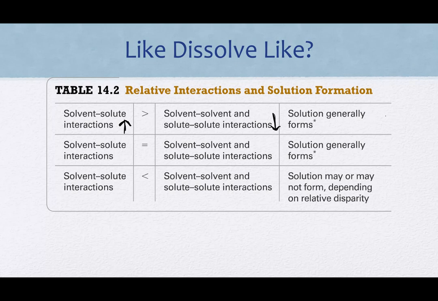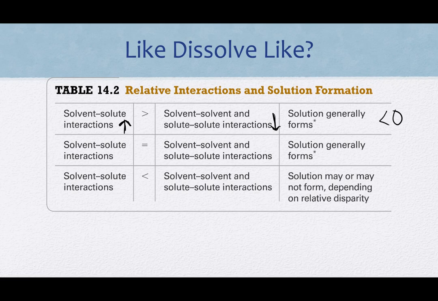Okay? So this is actually going to be a number that's less than 0. Okay? So this would be a number that would be an exothermic number. Okay? It would be something where energy is released, and a solution generally forms in this situation.